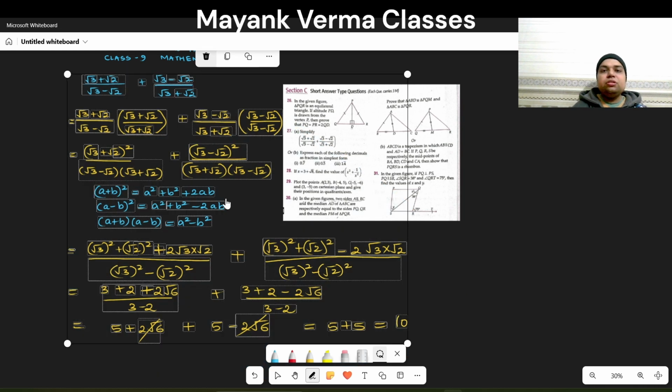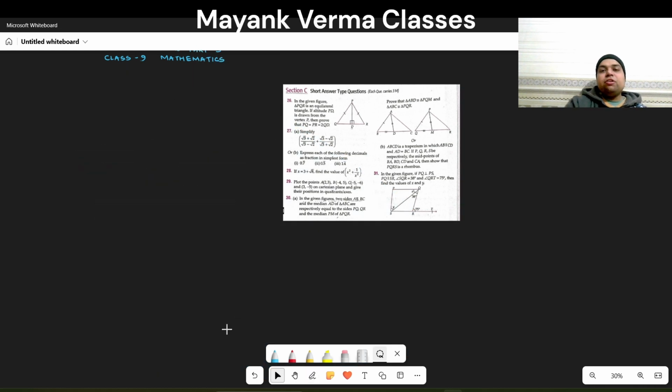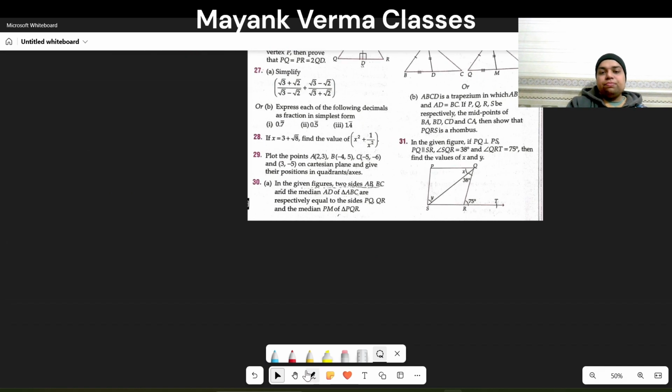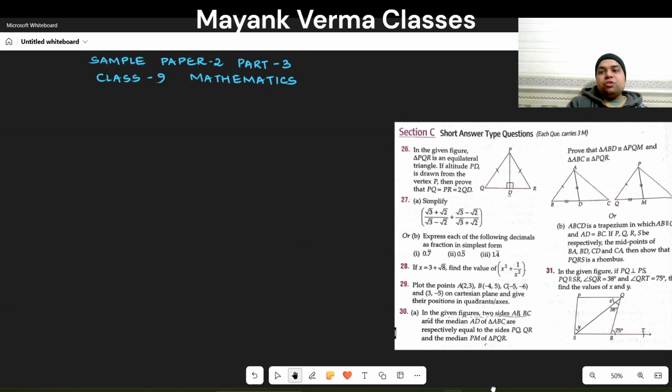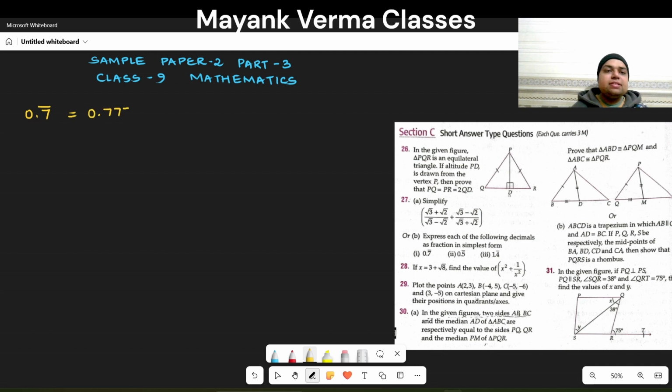In the next question, we need to express the following decimal numbers into p upon q form. Okay, so the first part is 0.7 bar. This means 0.777 and so on. So we will assume let x is equals to 0.7 bar.